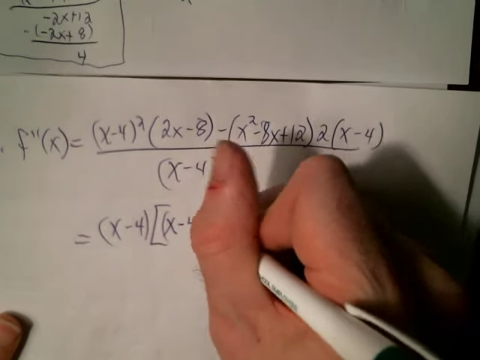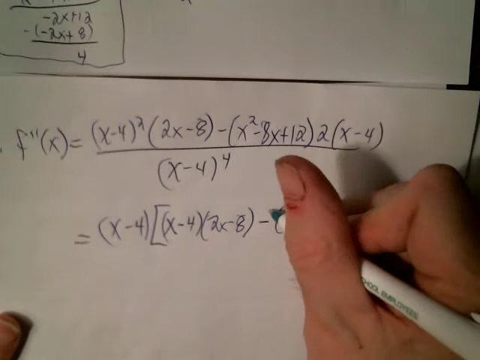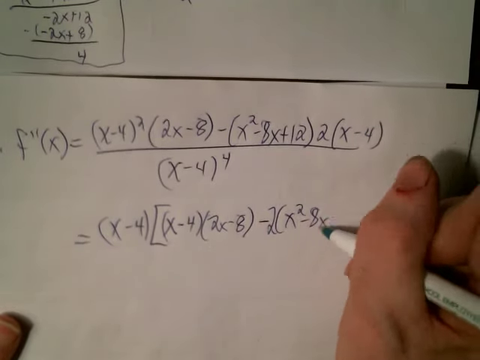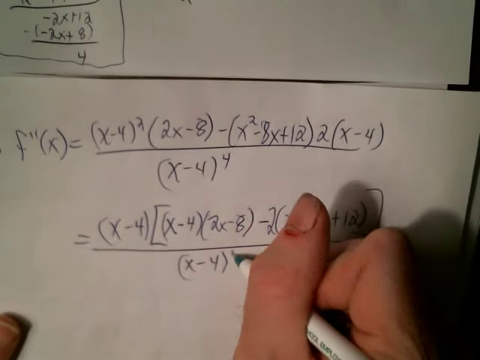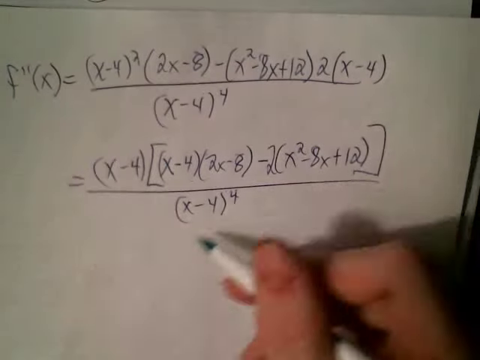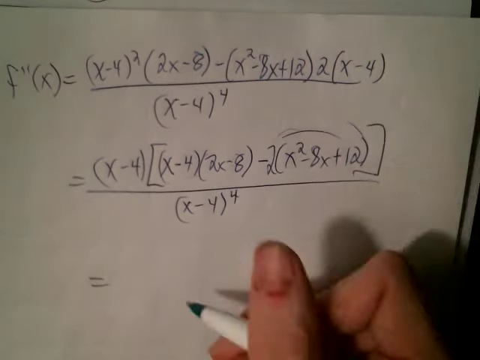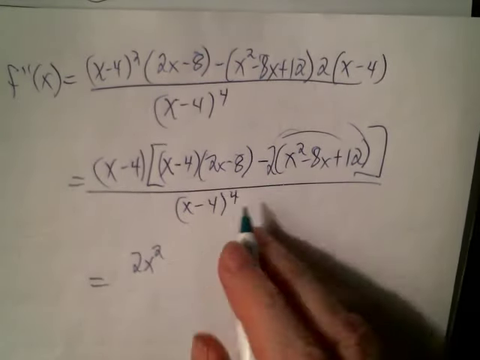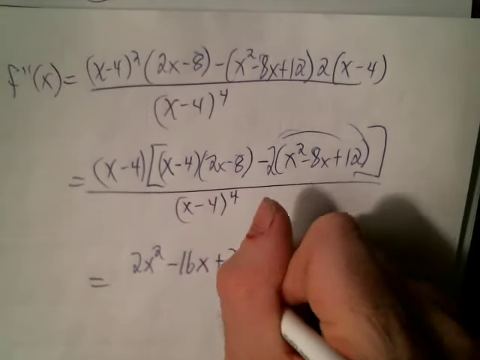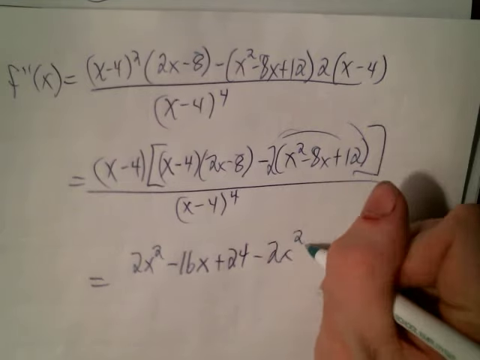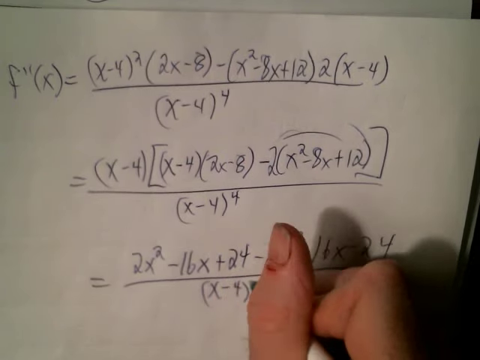You have x minus 4 times 2x minus 8 minus 2 times x squared minus 8x plus 12 all over x minus 4 to the fourth. Then we can remove one of those factors and FOIL out this stuff, distribute this stuff. So I'd have 2x squared minus 8x would be minus 16x plus 24 minus 2x squared plus 16x minus 24 all over x minus 4 to the third.